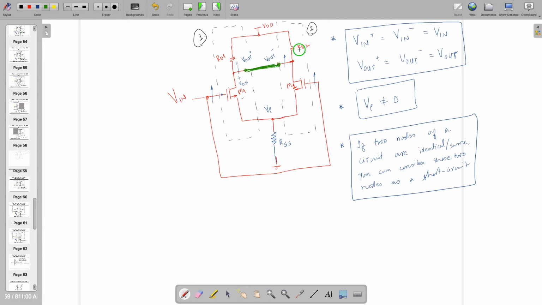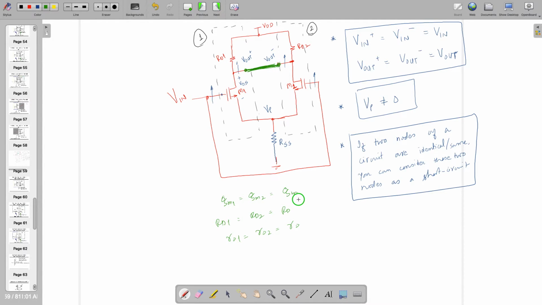However, on paper, we are saying that GM1 equals GM2 equals GM, RD1 equals RD2 equals RD, and RO1 equals RO2 equals RO, but there might be some delta change. Right now we are not considering that. If those are there, then these two are not shorted, but we are saying that it's identical for the time being, and let's make the complete ideal condition.